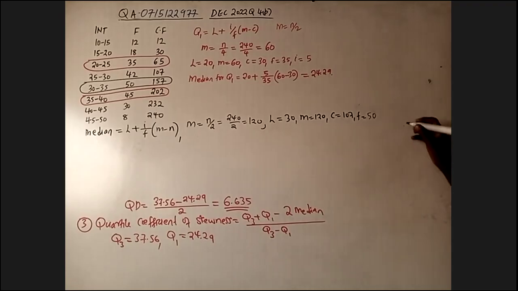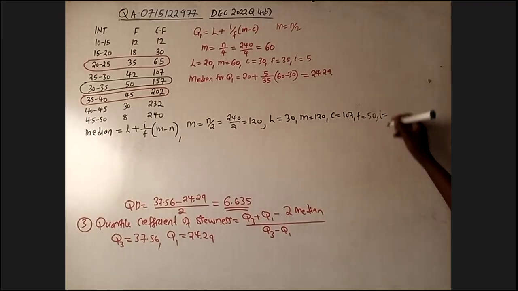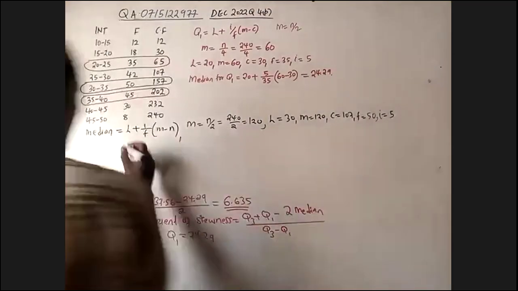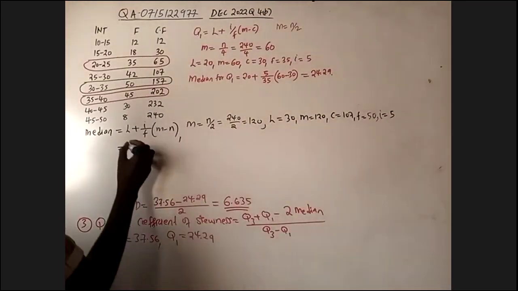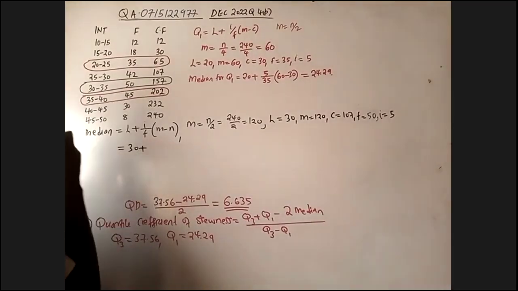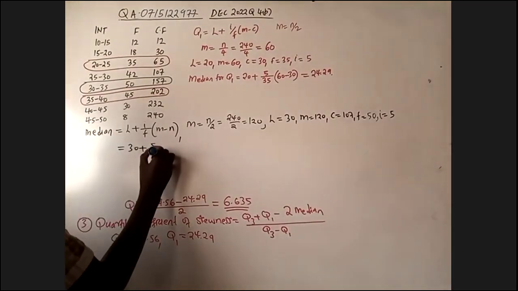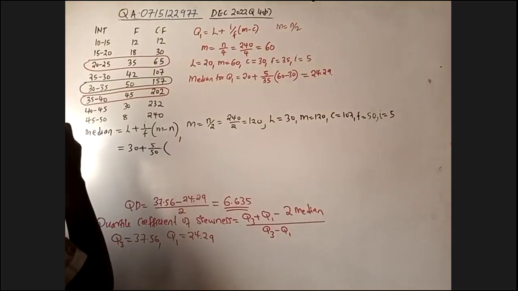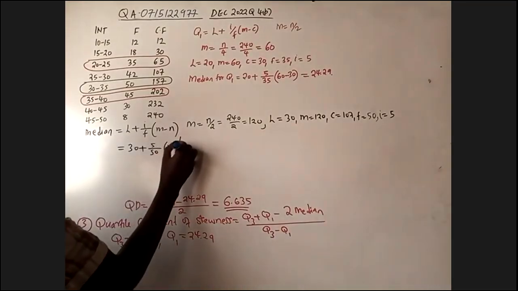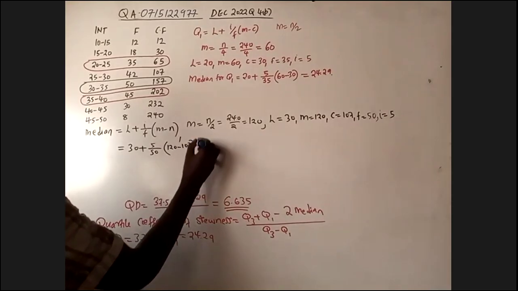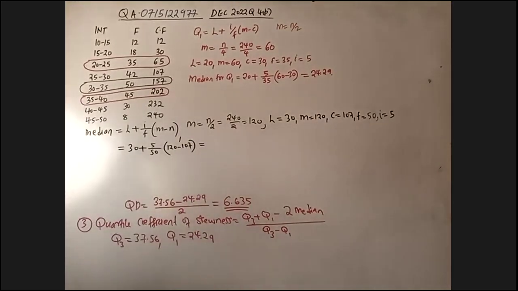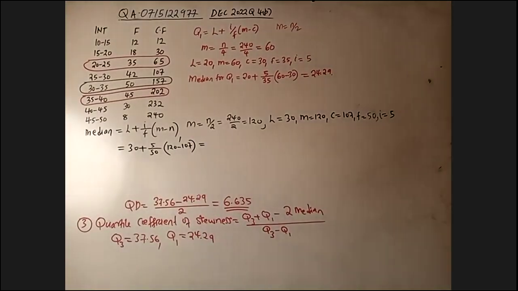Our I is 5. So our median is 30 plus I, 5, over F, which is 50, times 120 minus 107. So how much is that? 31.3.